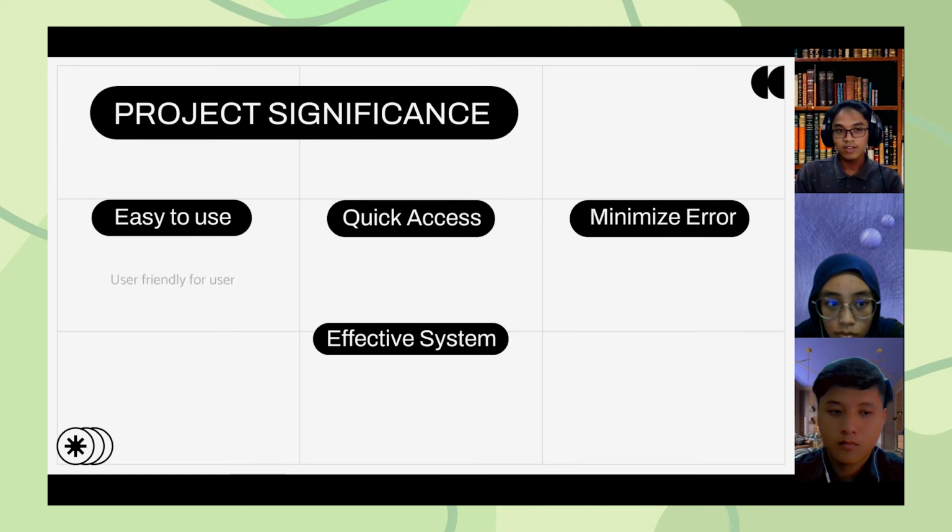Number one is easy to use. Our system is user-friendly. Users are familiar with our interface and it is easy to navigate through pages. Next, quick access. Users can access it anytime through phone or computer. Users can also use our system anywhere they want to.